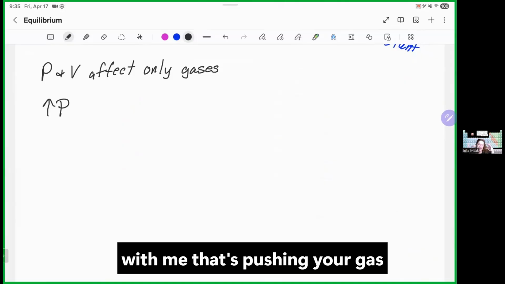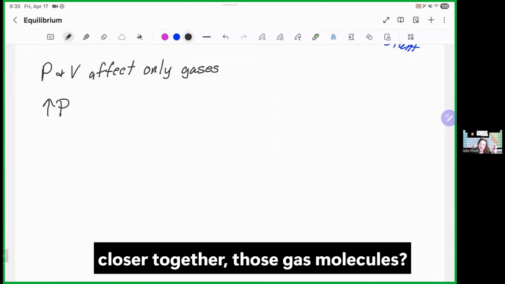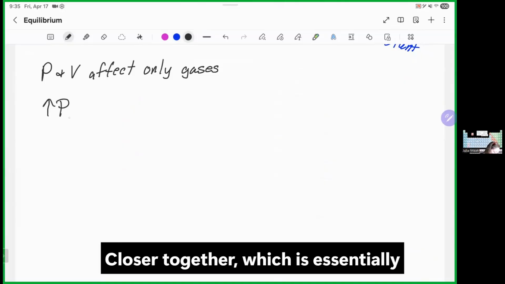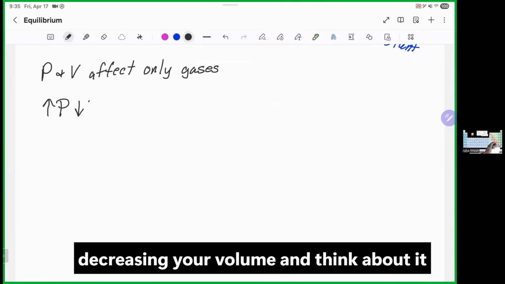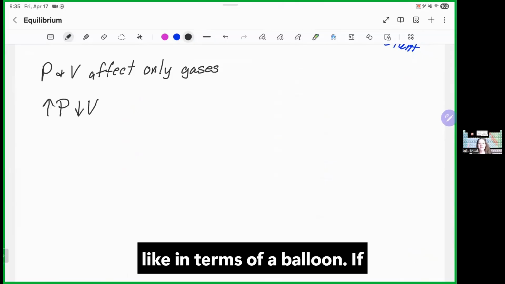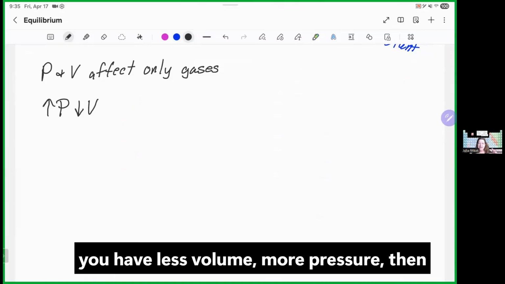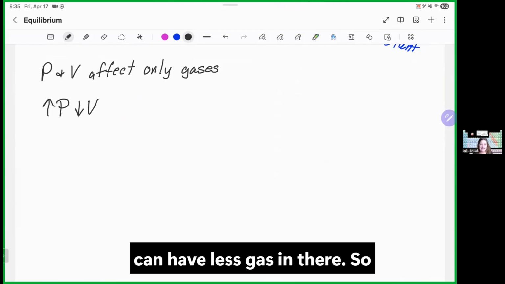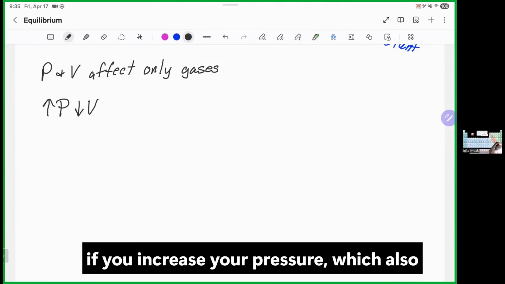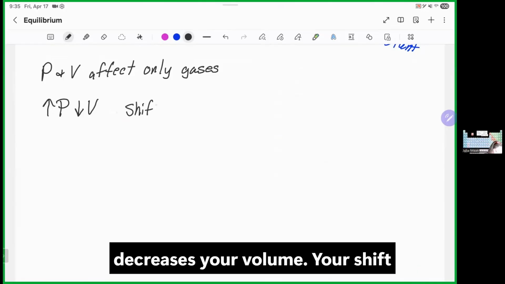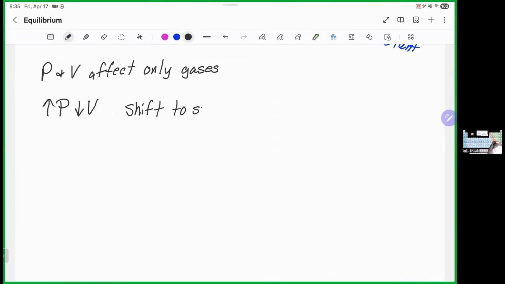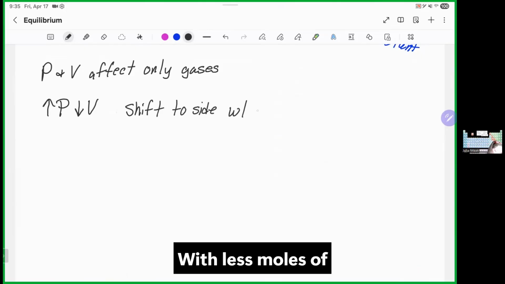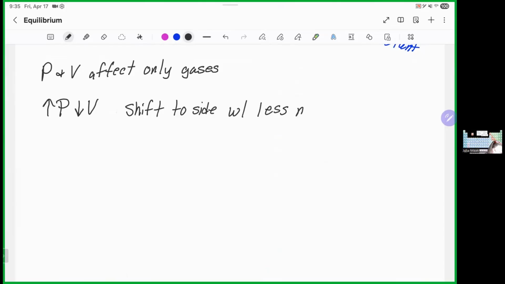That's pushing your gas molecules closer together, which is essentially decreasing your volume. Think about it in terms of a balloon. If you have less volume, more pressure, then you have less moles of gas. You can have less gas in there. So if you increase your pressure, which also decreases your volume, you shift to the side with less moles of gas.